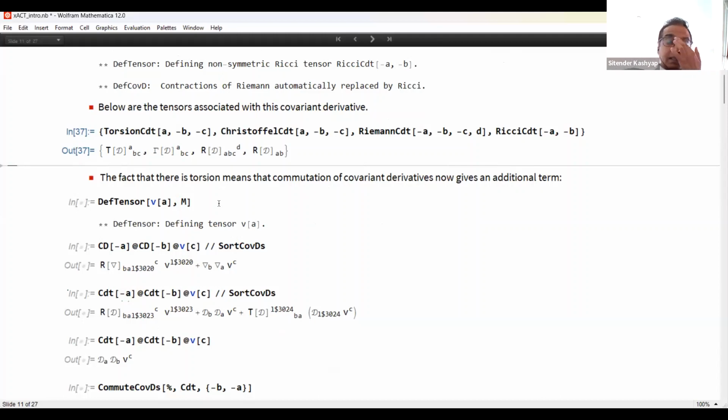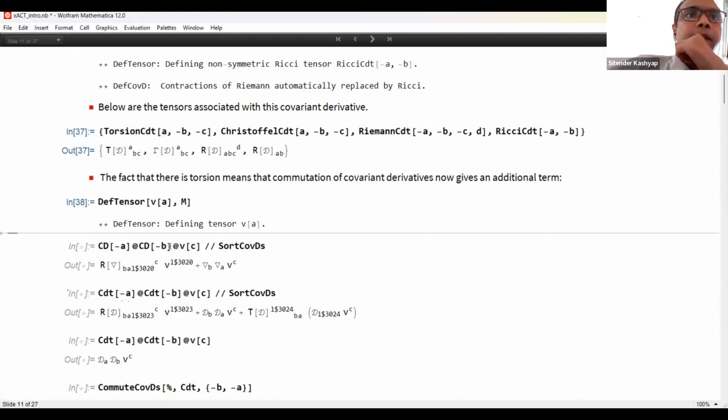For this, let's define a vector field VA on the manifold M. Now, this is how we act with the covariant derivative: first you take this vector field V, then you act on it with CD. This is the original covariant derivative that we had, not the curly D. This is nabla one.